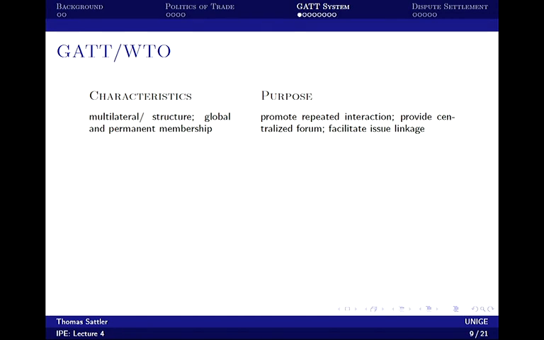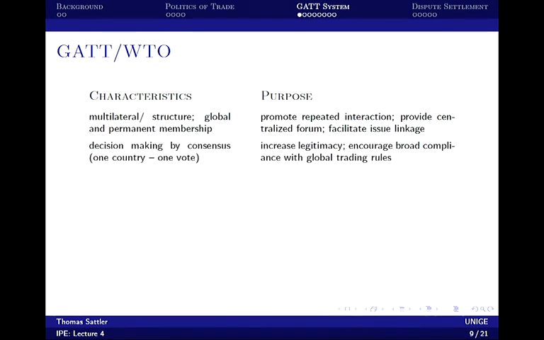That's the idea. And the multilateral structure and the global membership means that we have really diverse interests. So some country cares about trade in cars, another country cares about trade in chemical products, and so on. So that allows for issue linkage, right? Issue linkage is one way to overcome cooperation problems.